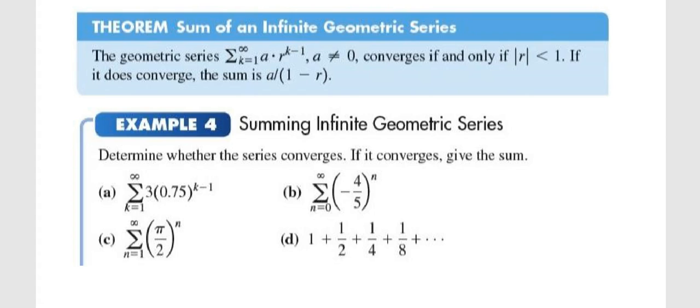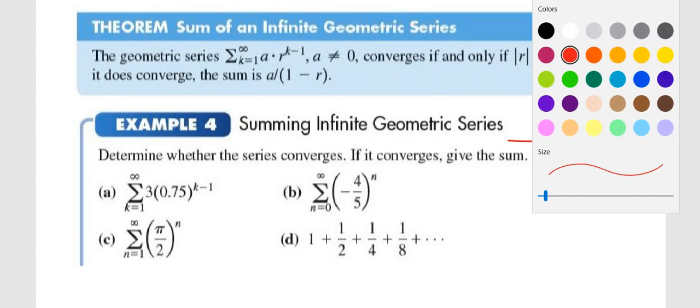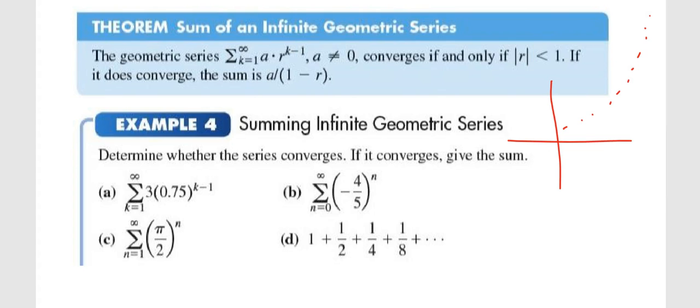Now, if you know anything, the geometric pattern is exponential growth or decay. So if we're talking about a sequence of numbers that's doing this, that's exponential growth. Is that getting close to anything? Absolutely not. What about exponential decay?